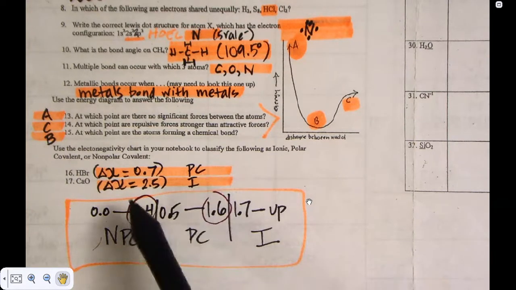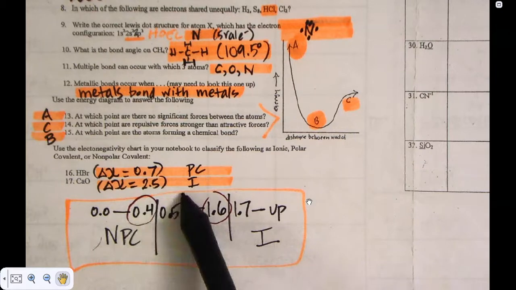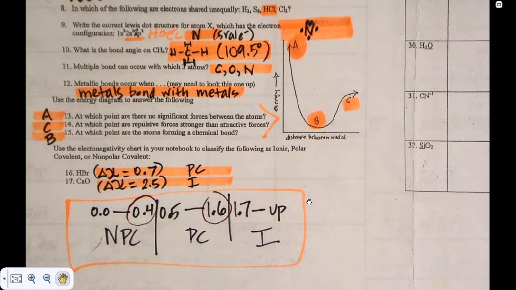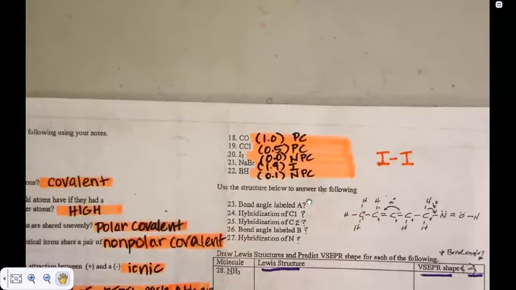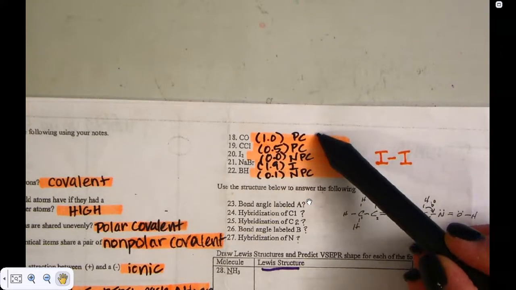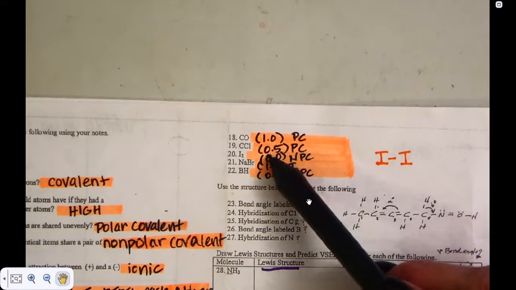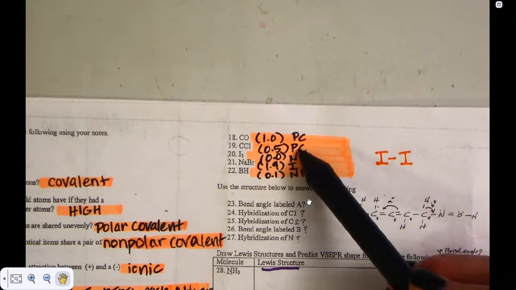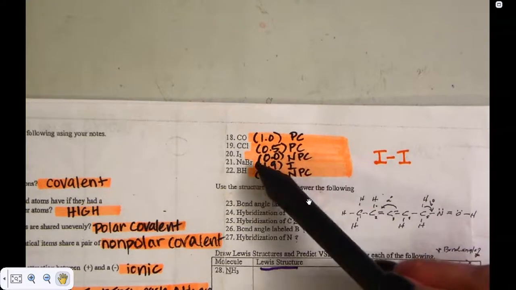For 17, 2.5, and that was ionic. For 18, 1.0, and that's polar covalent. For 19, the difference was 0.5, and that's polar covalent. For 20, you got I2, which is I bonding with itself. So the difference is 0, and that's nonpolar covalent.